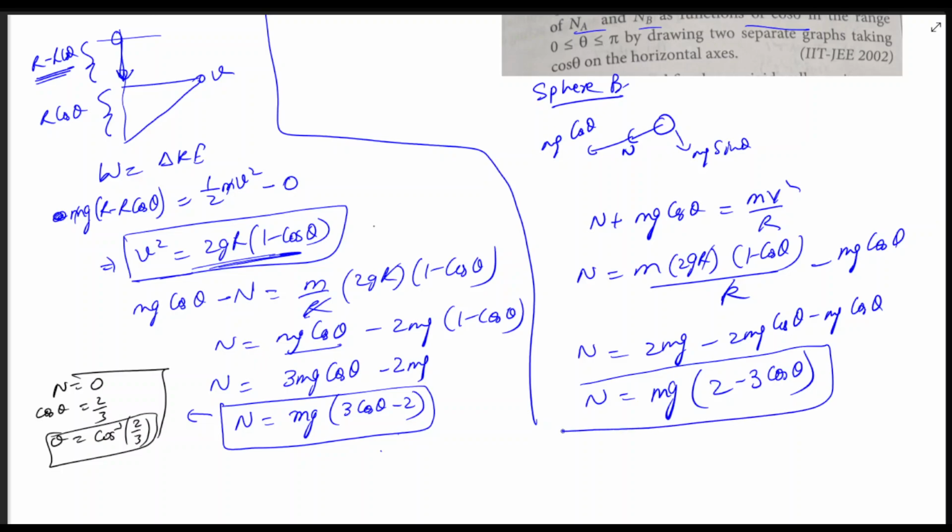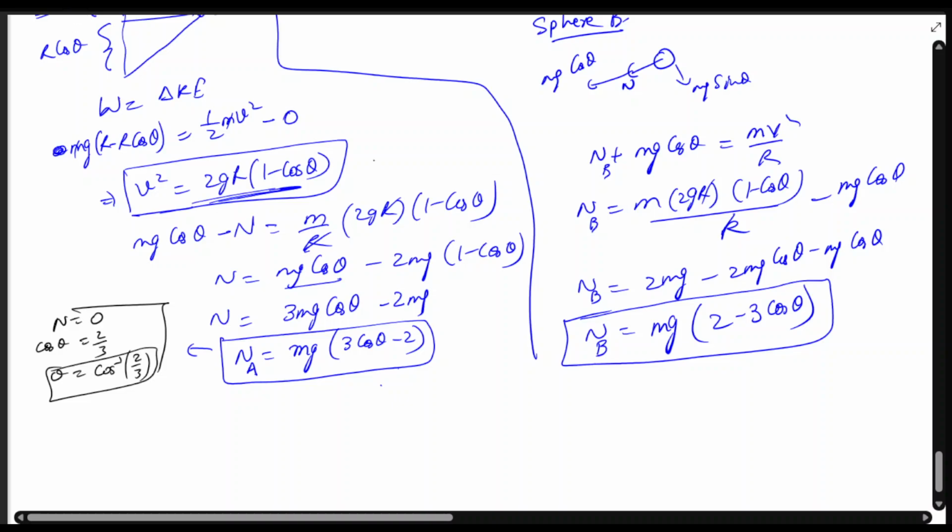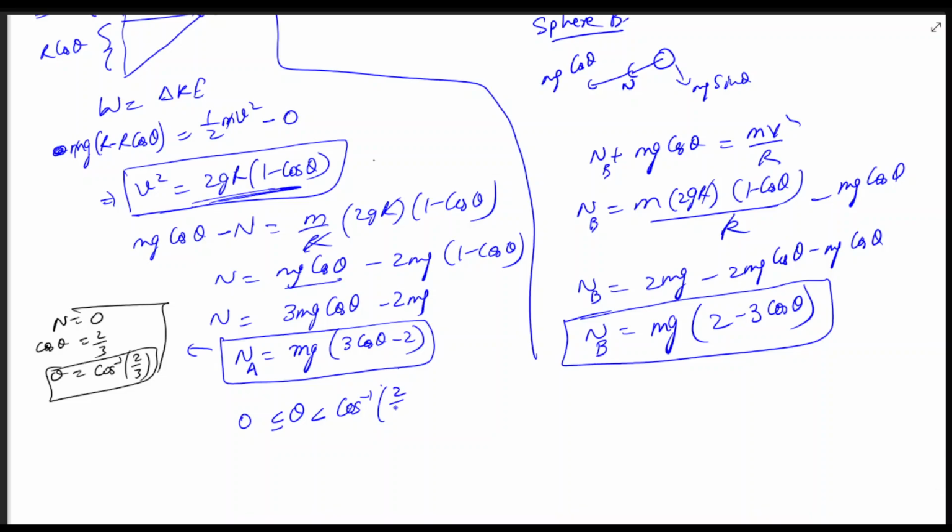Okay. Now this is normal due to A and this will be normal due to B. So look, theta here should be greater than or equal to 0 and less than cos inverse 2 by 3.